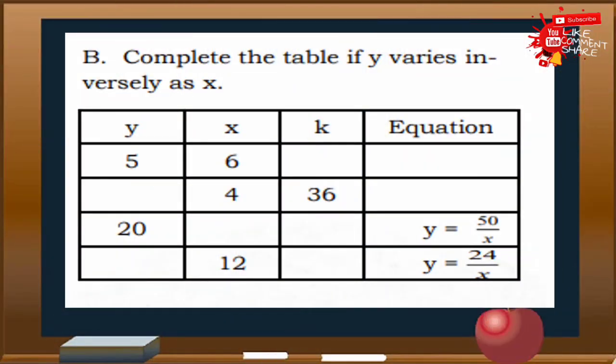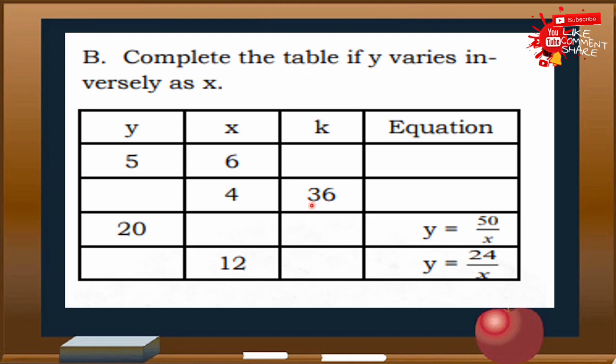In learning task 1, letter B, complete the table if y varies inversely as x. Again, I will have to answer the first row, find the k and the equation, and the third row: find the value of x, find the constant of the given inverse.